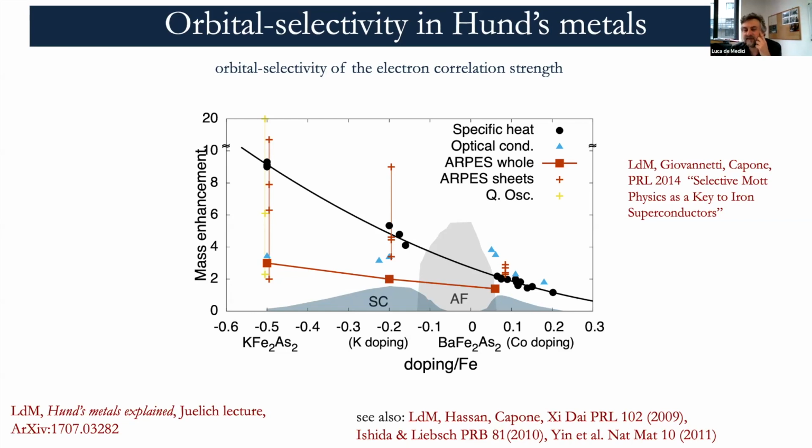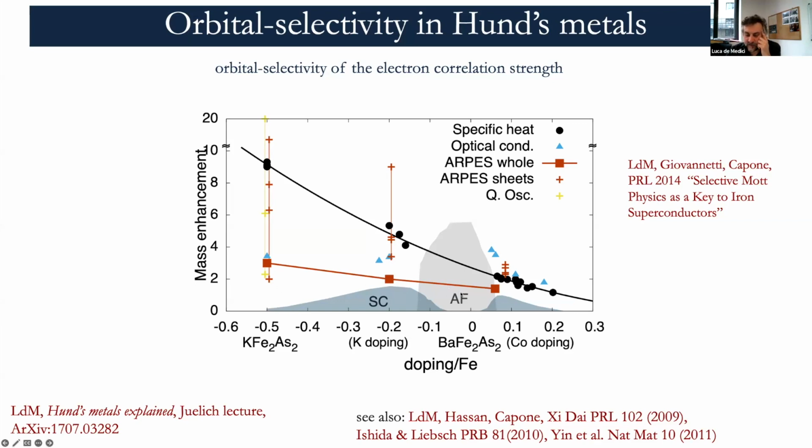And this was even found quite strikingly in a work that we published with Gianluca Giovannetti and Massimo Capone, in the same family I showed you before of the iron-based superconductors, the 1 to 2 family, that can be doped from 6 electrons in 5 bands to 5.5.